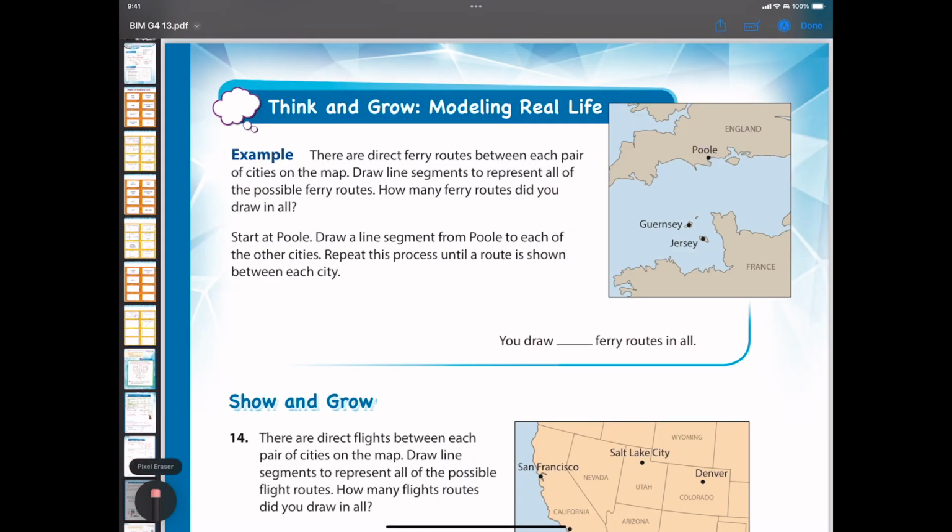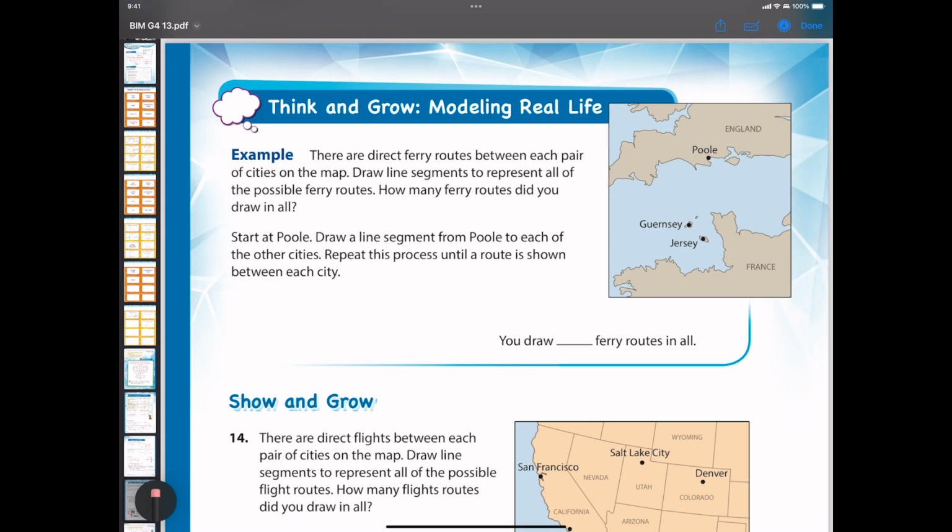Example, there are direct ferry routes between each pair of cities on the map. Draw line segments to represent all of the possible ferry routes. How many ferry routes did you draw in all? Start at Poole. Draw a line segment from Poole to each of the other cities. Repeat this process until a route is shown between each city.